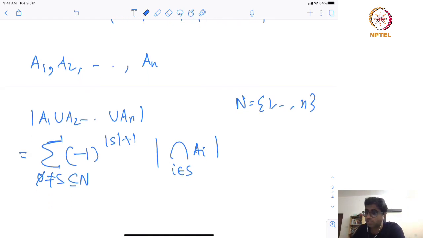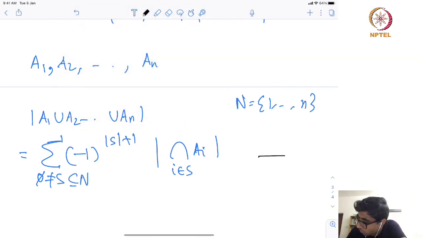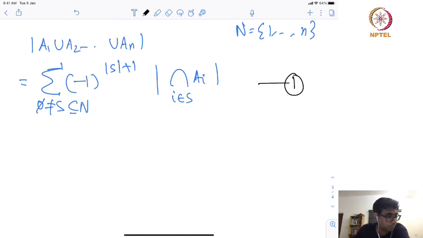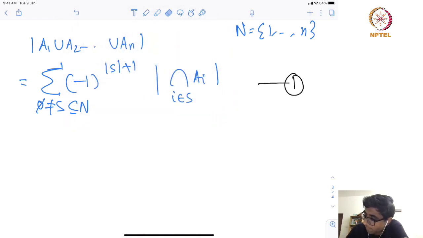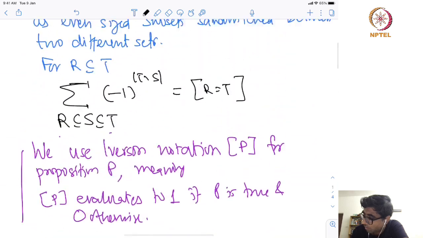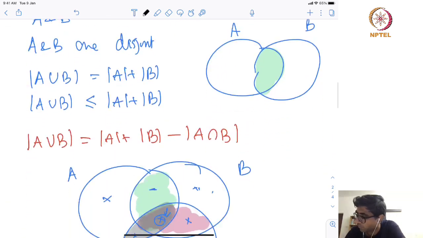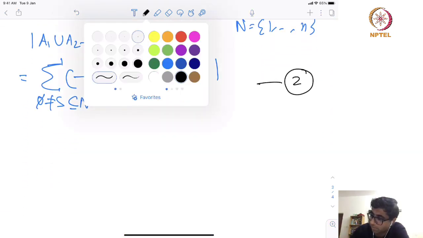So this is one formulation, but the more algorithmically useful formulation just follows again from the Venn diagram computation. Let us call this formulation 2, the non-classical formulation. The first formulation we saw, and there is another formulation which is achieved by the following.